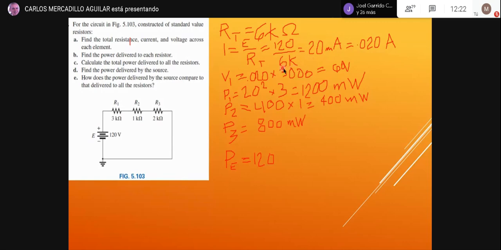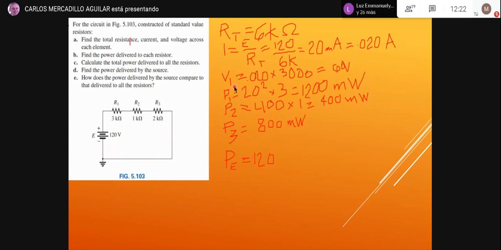Because we are using kilo ohms, the result will be in milliamperes, which is equal to 0.020 amperes. Okay, so this is the current flowing across all the circuit.